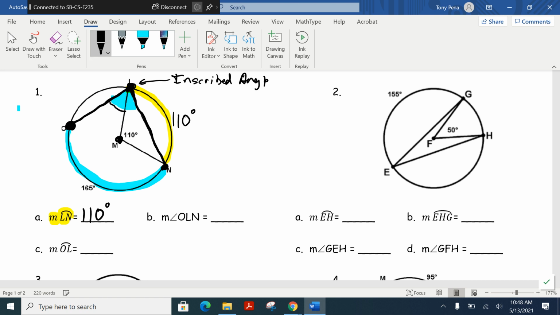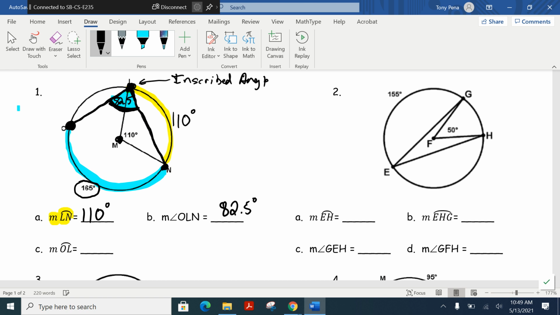And what we said about an inscribed angle is the degree measure of the inscribed angle is 1/2 of the degree measure of the arc that it creates. So if those two segments create a 165 degree arc, then this angle has to be half of that. So that would be 82.5 degrees.